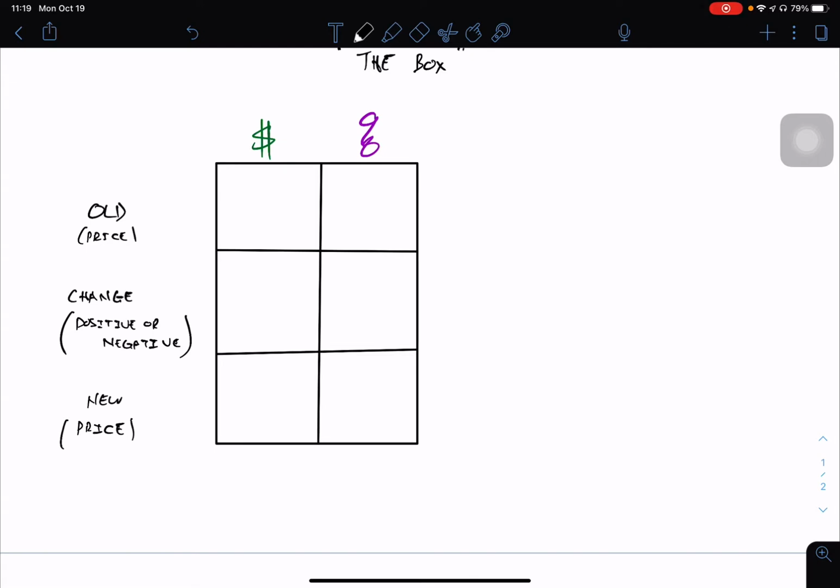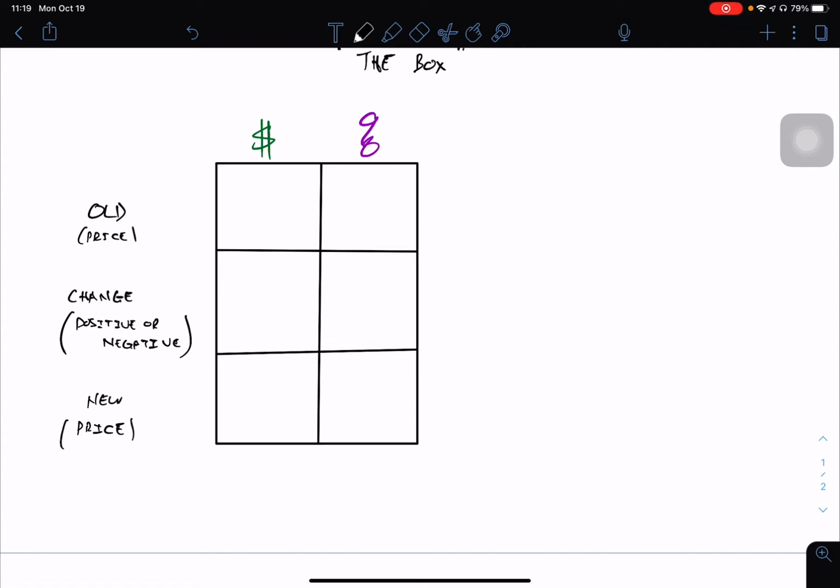The thing is that this box can allow or assist you to solve for any of the pieces or the spaces or the holes that you see here because it depends on what is given to you. And like I said, some of these questions you may be able to just do right on your own. However, if you fall back on this box, it will always point you in the correct direction. Okay?